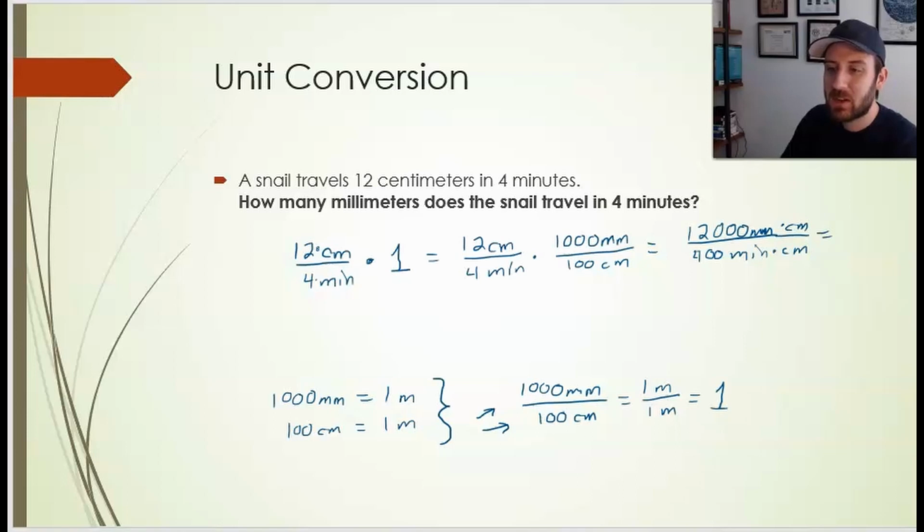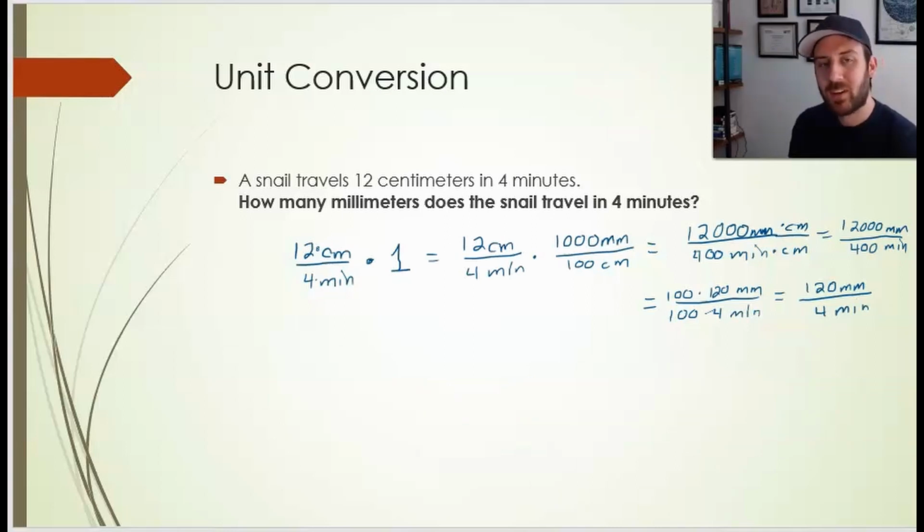We'll recognize that I have centimeters on the numerator and the denominator, so I can cancel that away, make that 12,000 millimeters divided by 400 minutes. And if we want to bring that down to 4 minutes, we can just scale it down by 100. So we'll make that 100 times 4 instead of the 400. And on the numerator, we'll make that 100 times, well, that would be 120 millimeters. So that the hundreds can cancel away, and I'm left with 120 millimeters divided by 4 minutes.